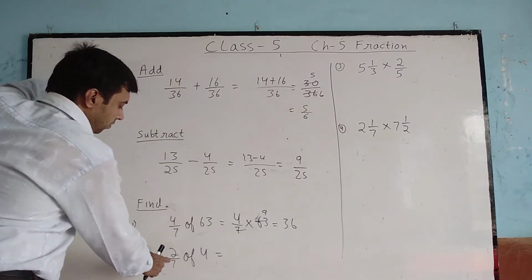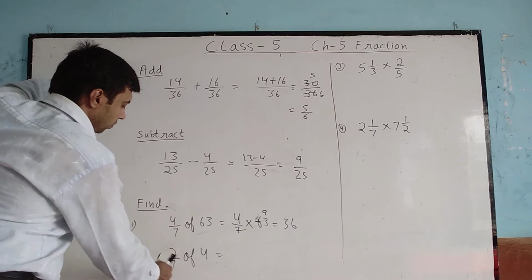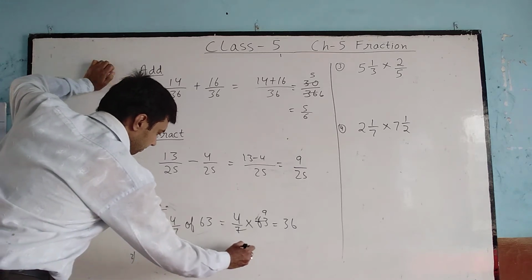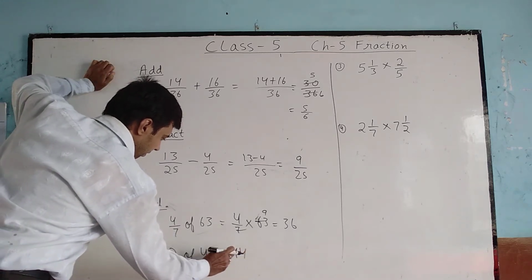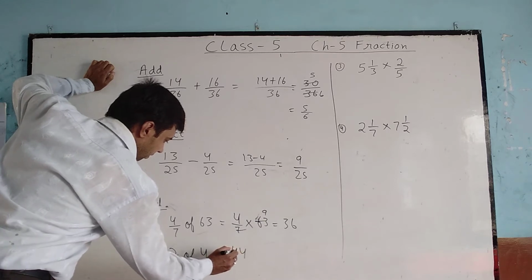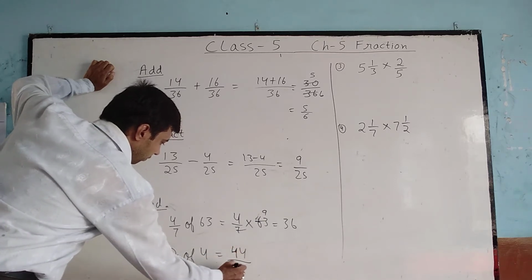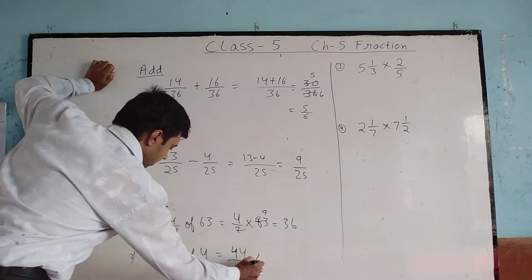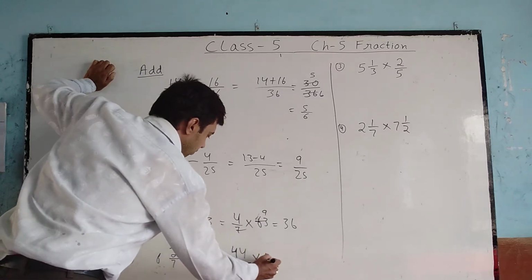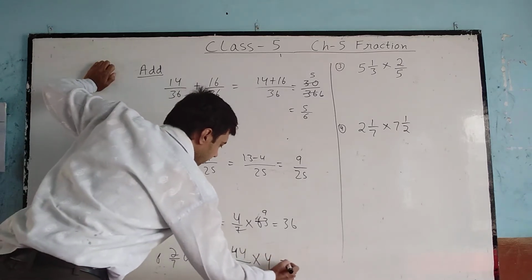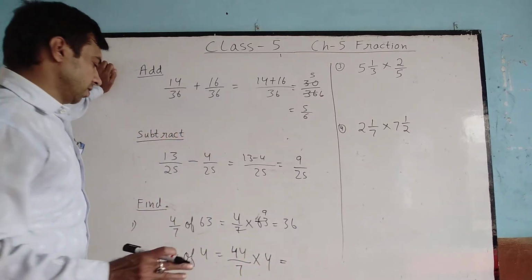6 sevens are 42. 42 plus 2 is 44. 44 by 7 into 4. Can we cut, students? We cannot cut it.